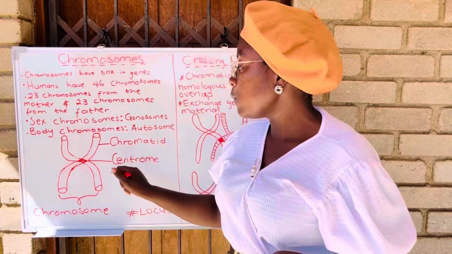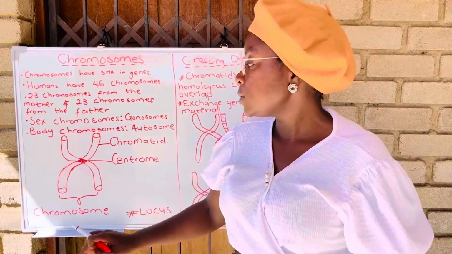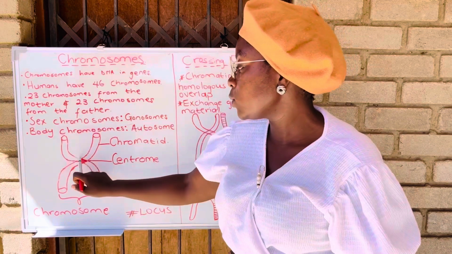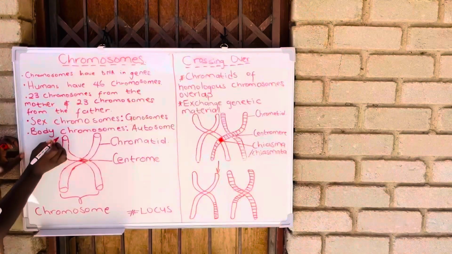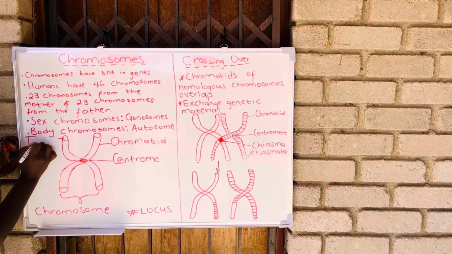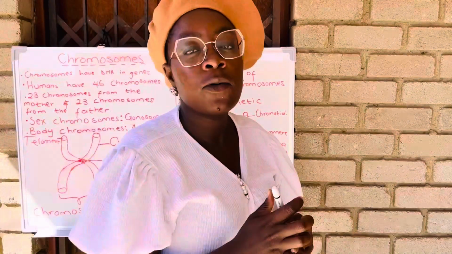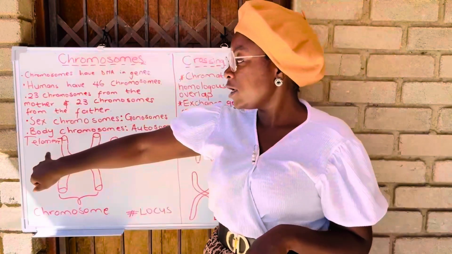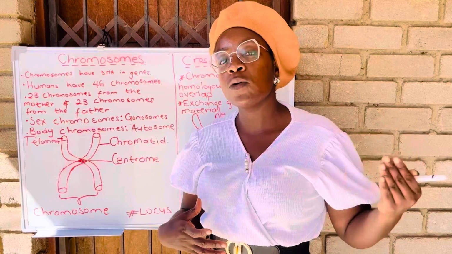Now, a chromosome is made up of two sister chromatids. So this is a chromatid, this is also a chromatid, and then we also have these things called telomeres. So we also have this one here, it's called a telomere. Basically it has a repetition sequence of DNA.